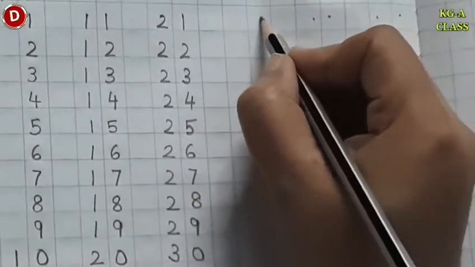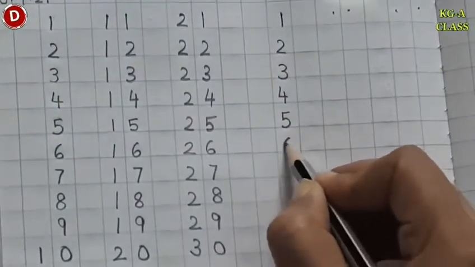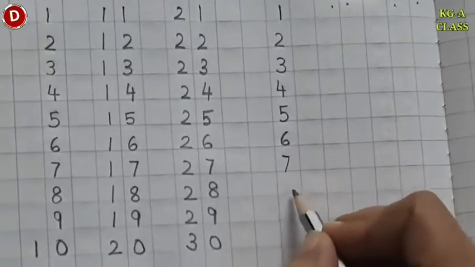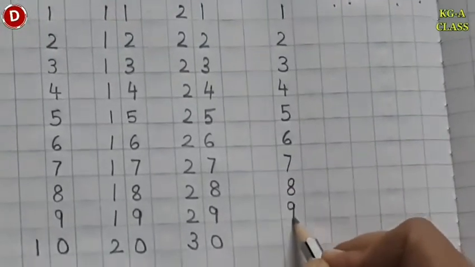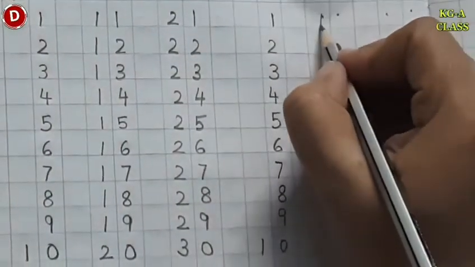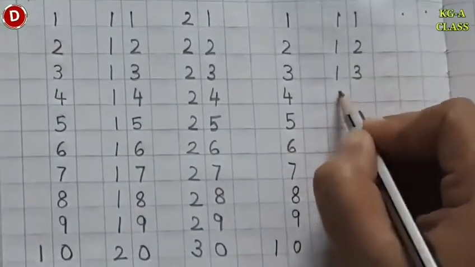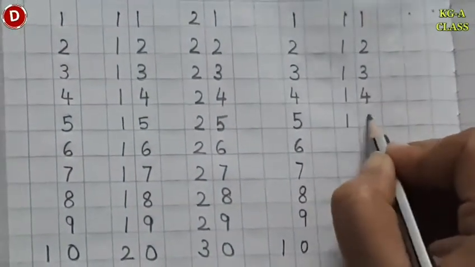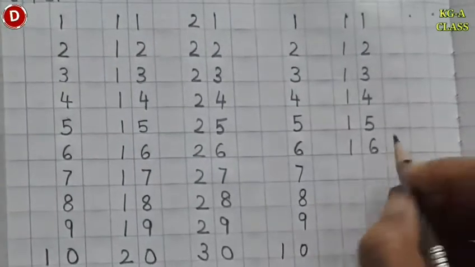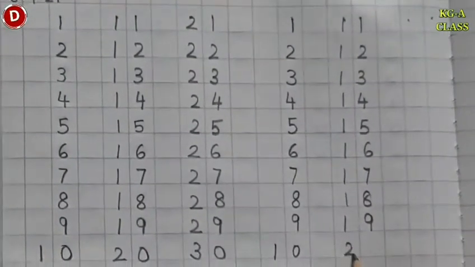1, 2, 3, 4, 5, 6, 7, 8, 9, and then 10. Leave the next line. After 10 comes 11, 12, 13, 14, 15, 16. So speak and write. 17, 18, 19, and here comes 20.